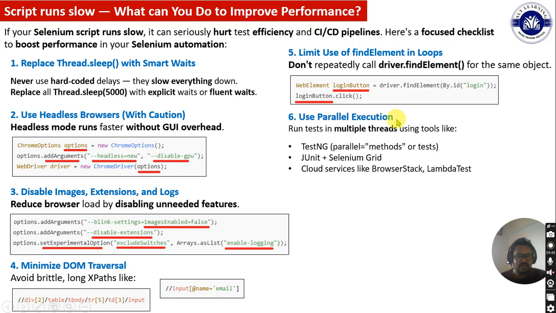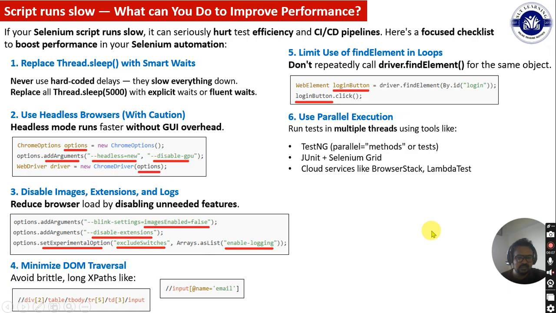Then use parallel execution. Sometimes your script is good enough, but you need to save your time, so try to do it with parallel execution. You can use multi-threading, and for this we have already covered the question of how you can do parallel testing in TestNG. You can refer to the playlist for TestNG commonly asked questions.